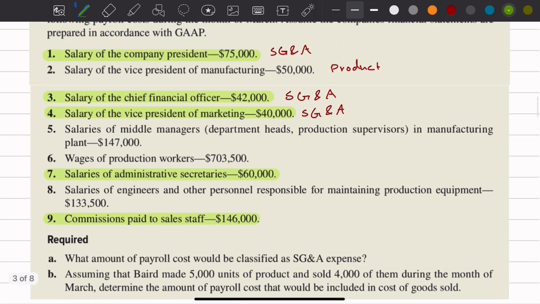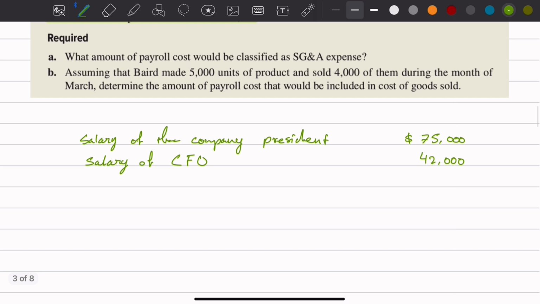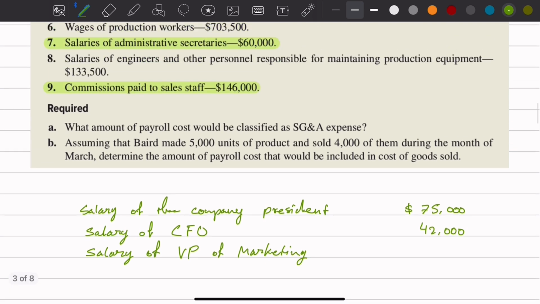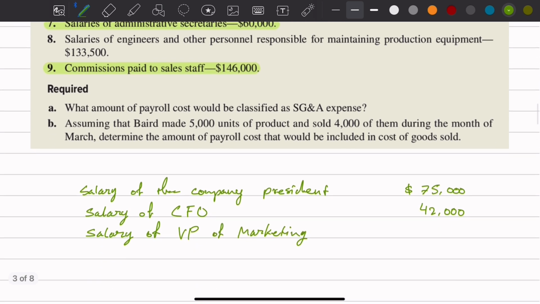Next is number 4, salary of the vice president of marketing. Salary of the VP of marketing, which is 40,000.